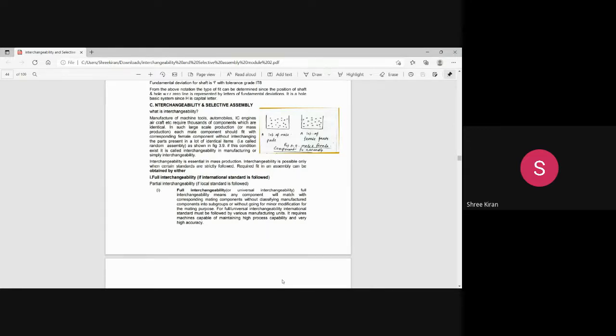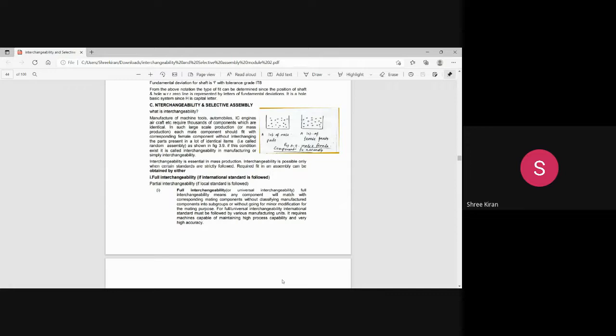Large scale production means a number of identical components are manufactured.